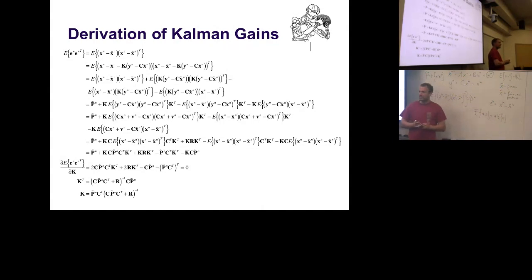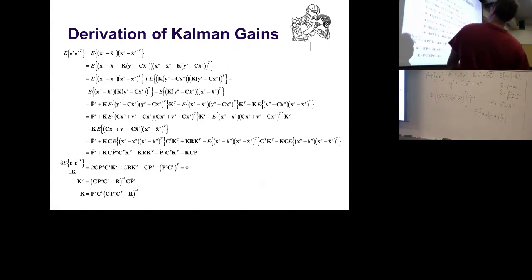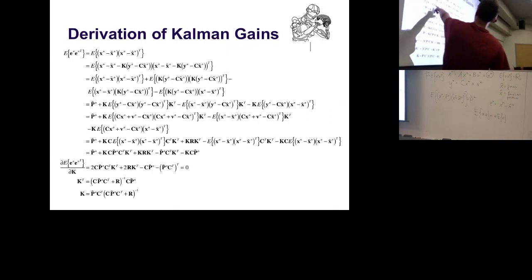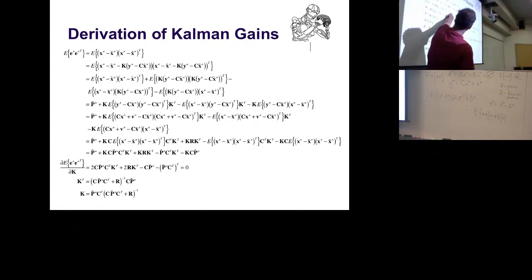So these are the rules which are applied here, and that gives us this term. What else do we have here? We have those cross terms where we pull the K out, and we have the cross term where we pull the K out again. So the K just popped out here, this K popped out after the transpose to the right side.